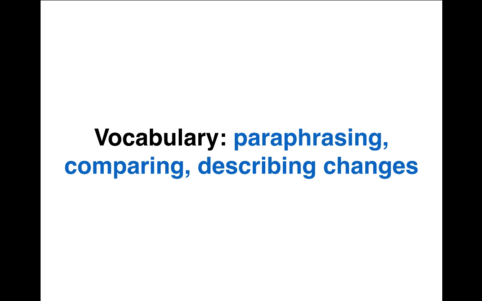Before you do that, let's look at some vocabulary to finish off, specifically vocabulary for paraphrasing, comparing and describing changes that I used in this report. First, the question used the words global sales and I changed that to sold worldwide.